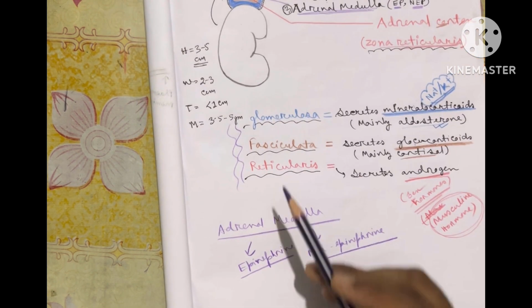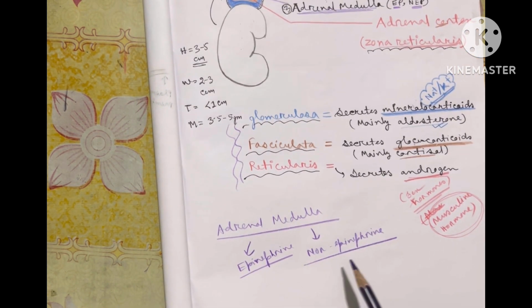Then the most inner core, the adrenal medulla, secretes two different neurotransmitters associated with the sympathetic nervous system, which contains these two most important neurotransmitters.